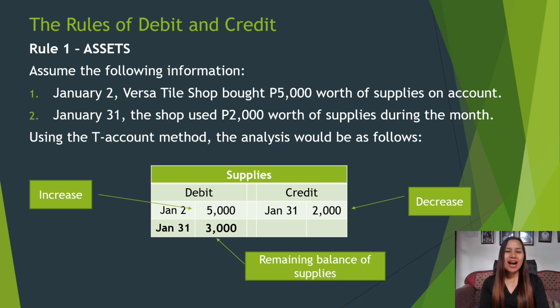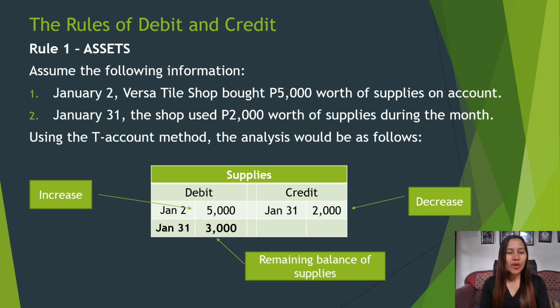So using the T account method, the analysis would be as follows. On January 2, there is an increase in supplies amounting to 5,000. So you as an accountant have to debit 5,000 worth of supplies on January 2.